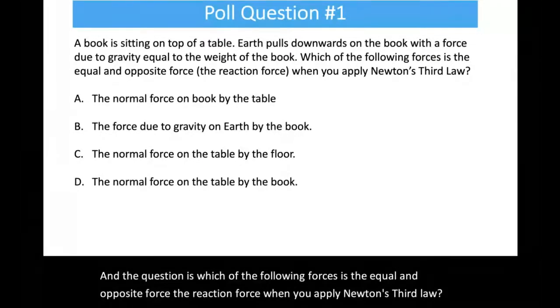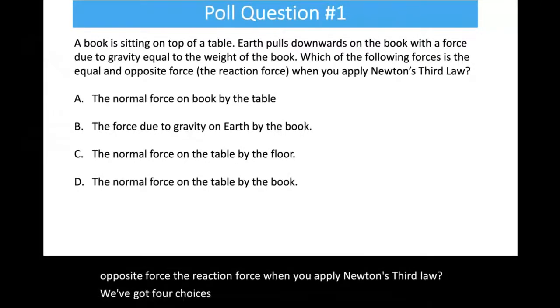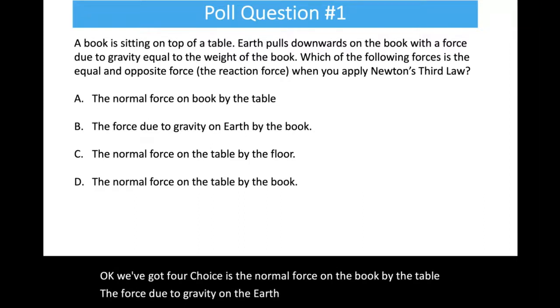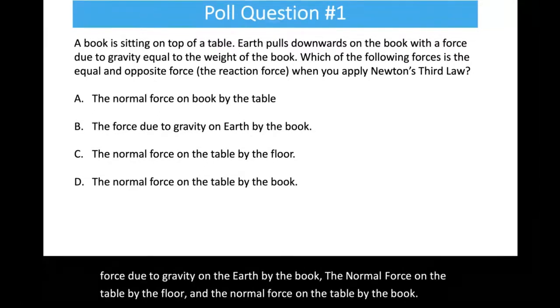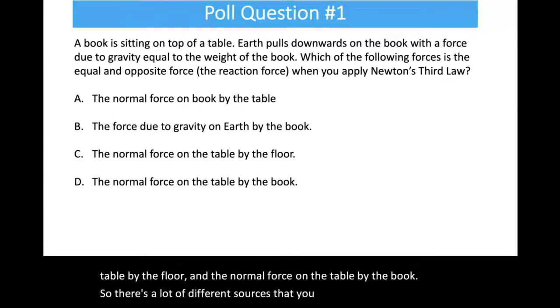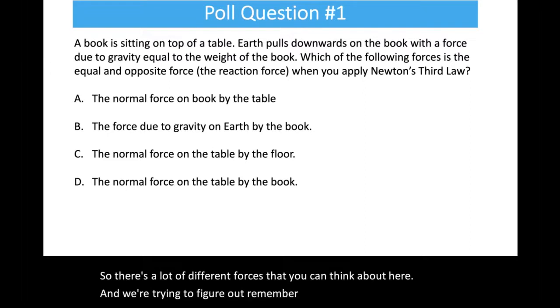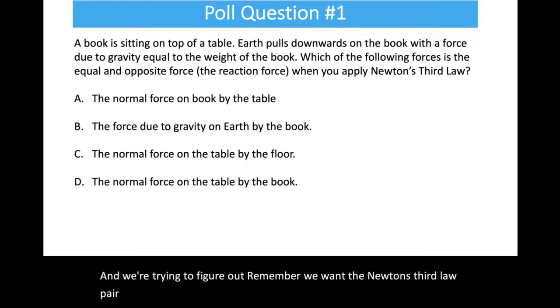We've got four choices: the normal force on the book by the table, the force due to gravity on the Earth by the book, the normal force on the table by the floor, and the normal force on the table by the book. So there's a lot of different forces that you can think about here. And remember, we want the Newton's third law pair force, the equal and opposite force to the force due to gravity on the book due to the Earth.